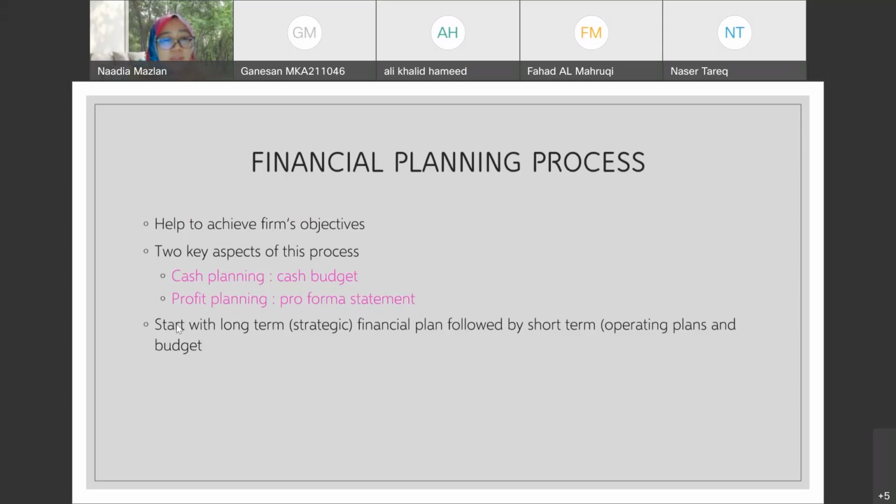You have to start with your long-term strategic plan first, which is pro forma. Then only can you do your short-term operating plans and budgets. Hence the reason why we learn about pro forma first, then cash budget. Cash planning is the cash budget, profit planning is what we call the pro forma statement.